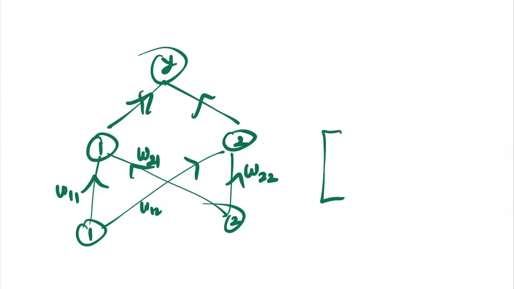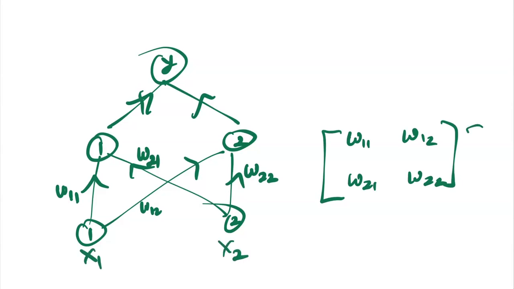I'm going to call this W11, W12, this is 1, 2, 1, 2, and this is Y. This is W21, this is W22. Let's pretend that the top layer weights are frozen. We're not going to worry about that. Let's just look at this one. These weights, I can write it as a matrix. And when an example comes in, let's call this X1 and X2, I'm essentially multiplying this with this vector here.